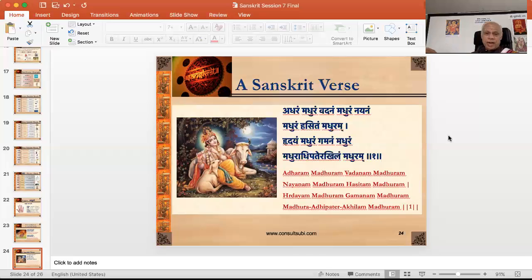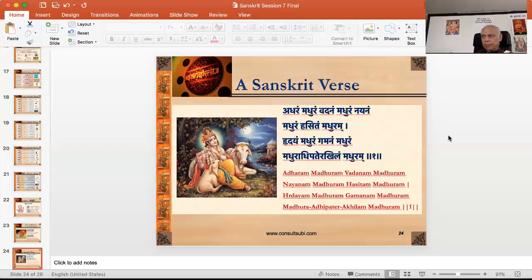For want of time, I'm not going into the other 7 verses, but this is the very first one to give you a sample of how beautiful this verse is, with just the rhyming of Madhuram with other words, nouns, adjectives. So this is something which you can easily remember.